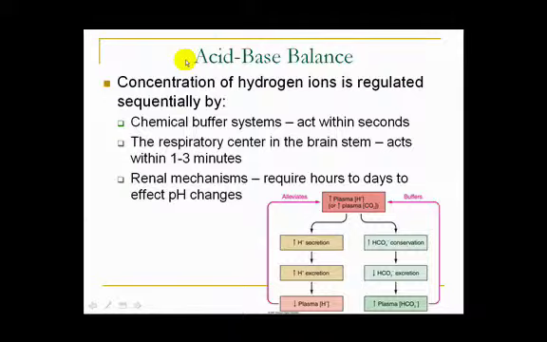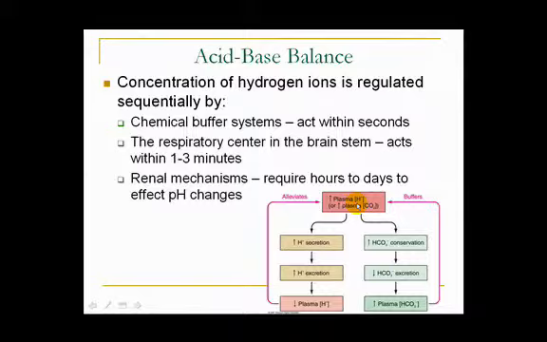Your kidneys are going to take a little longer to actually make a change in the blood pH, hours to days. So the general idea here, and this makes complete sense, is if you are in acidosis, you have an increase in plasma hydrogen ions, or you can have an increase in carbon dioxide, because we learned that that will lead to increased hydrogen ions. So what would your kidneys want to do?